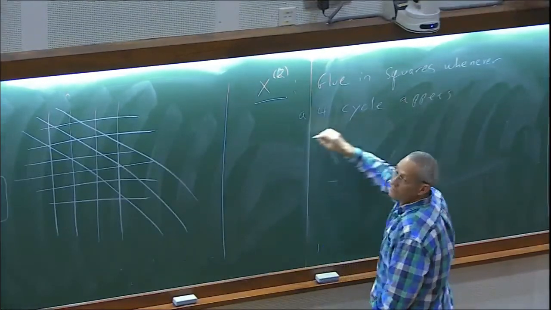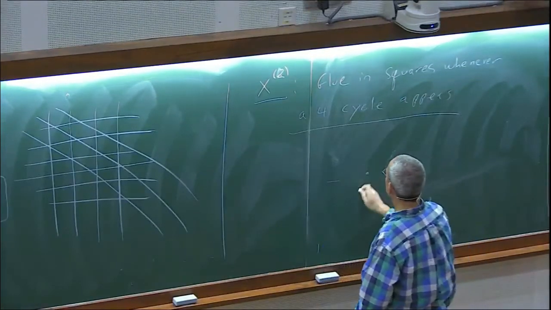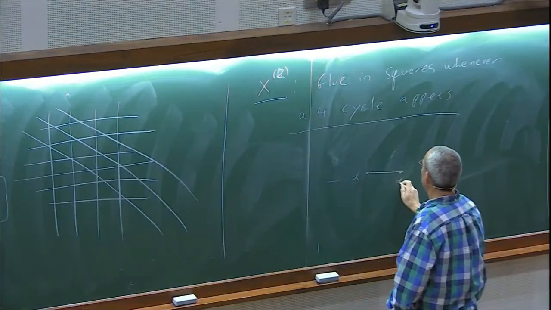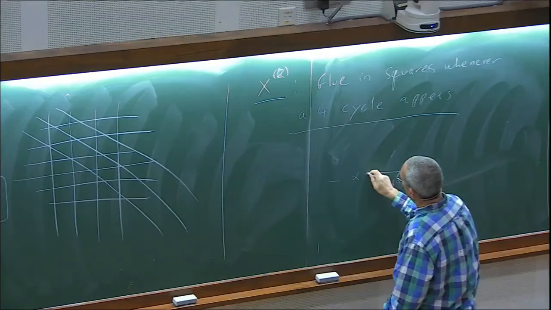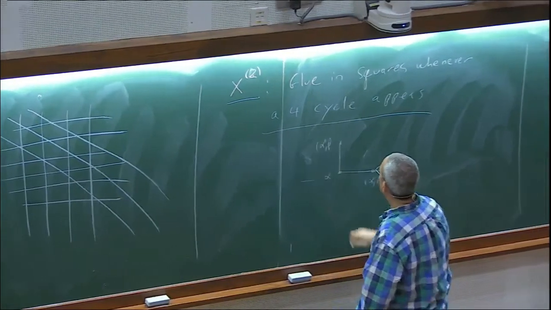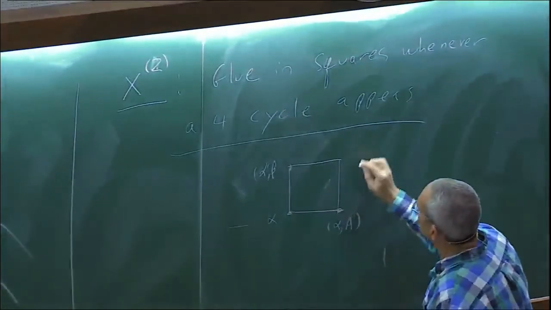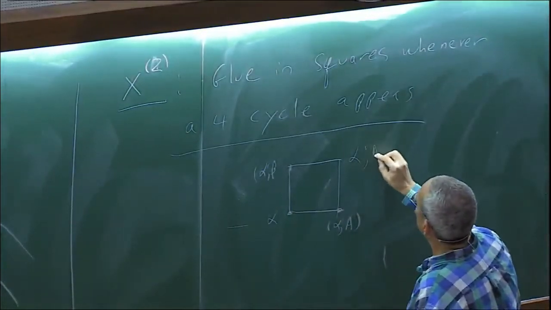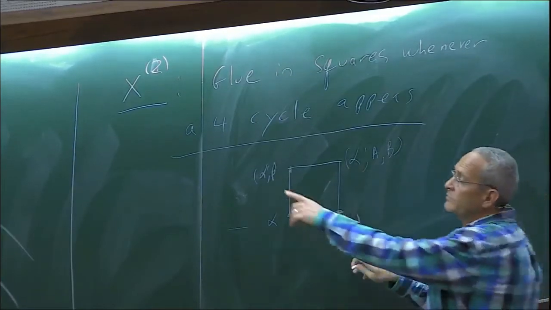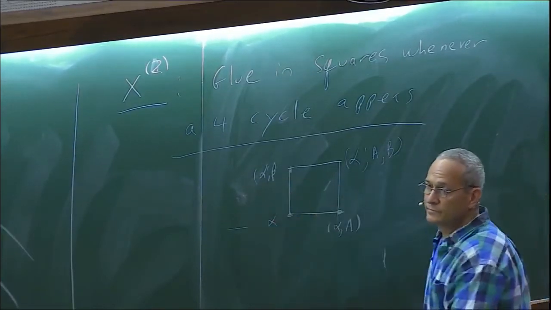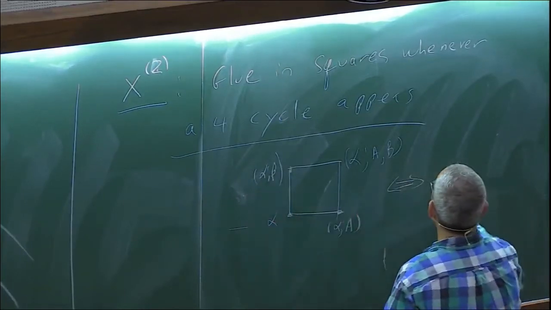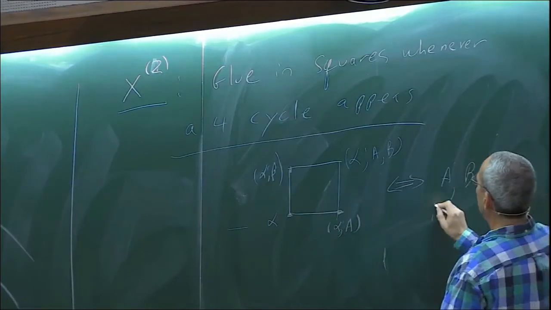So it turns out, if you think about this, that what happens is you'll have some alpha, and then you'll have an alpha A. You'll have here alpha B. These are the two guys. And you'll have a vertex here, alpha A, B, where you flip both of them, if and only if A and B were incomparable. Okay? So this is if and only if A and B are incomparable.